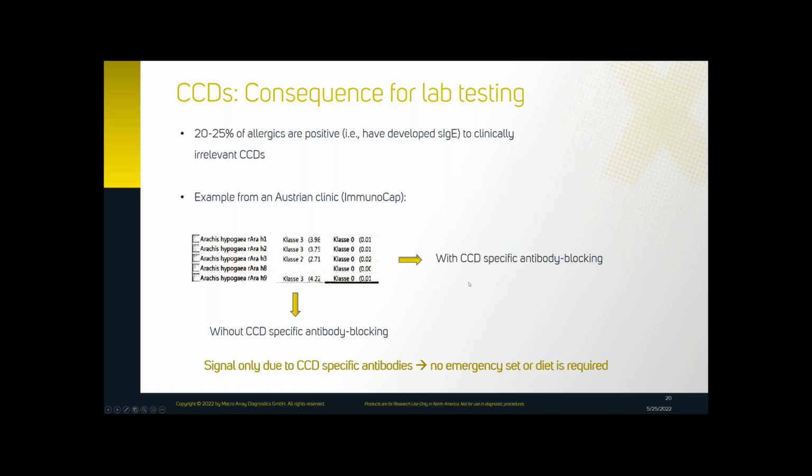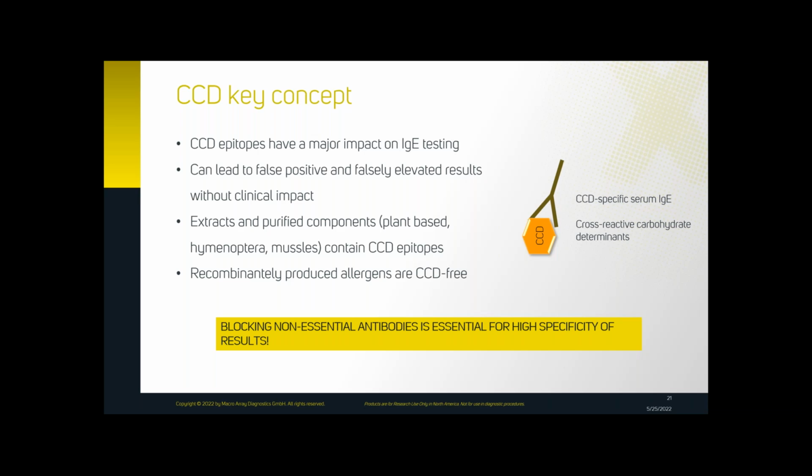However, when a CCD blocking inhibitor was added, all the allergens, including the risk markers, were put to 0, indicating that the signal was only due to CCD specific antibodies, and therefore no emergency set or diet was required.